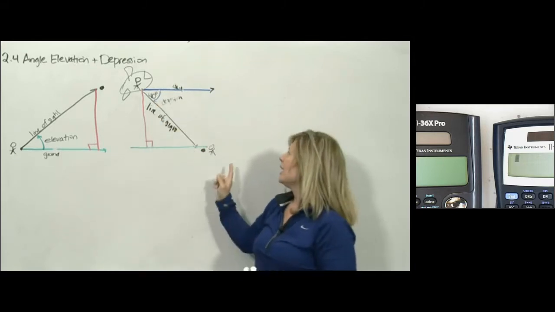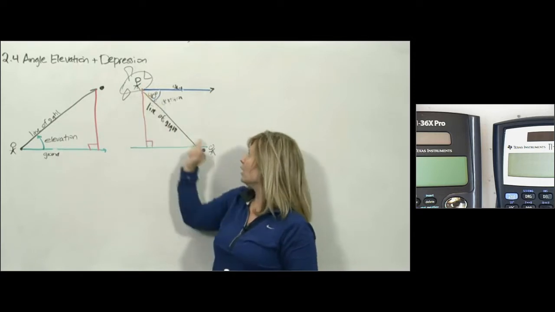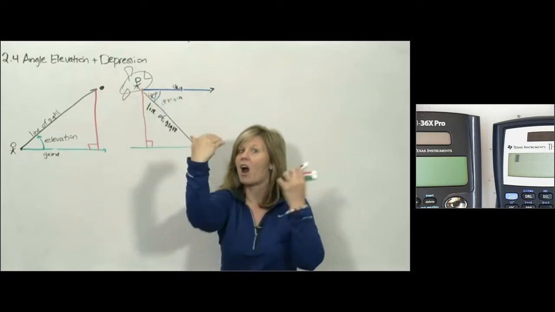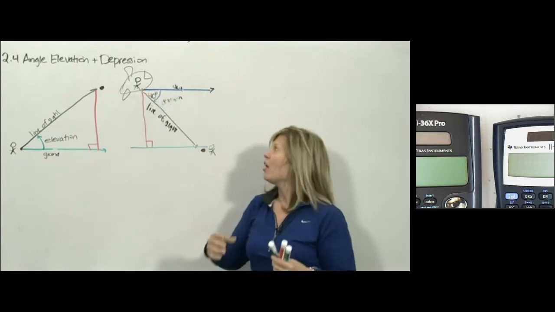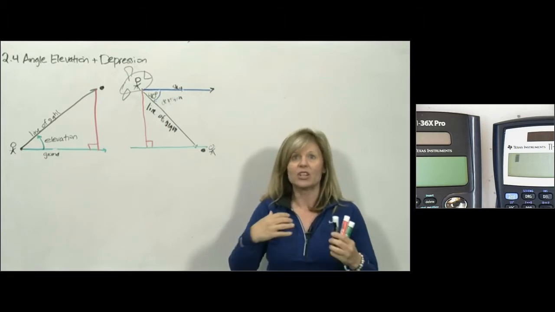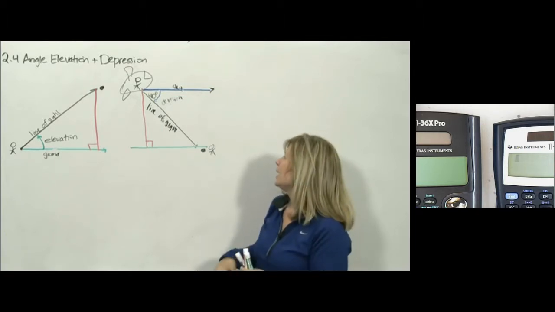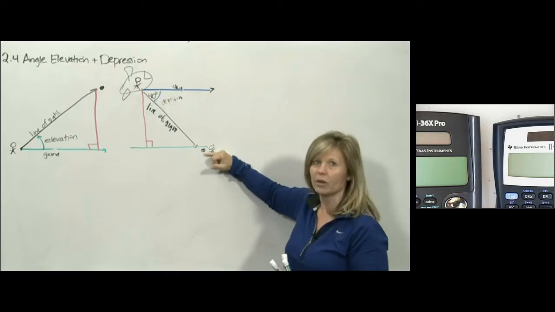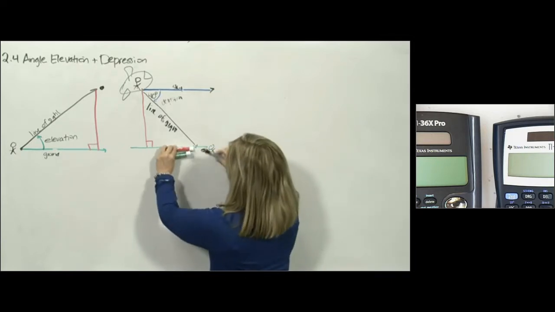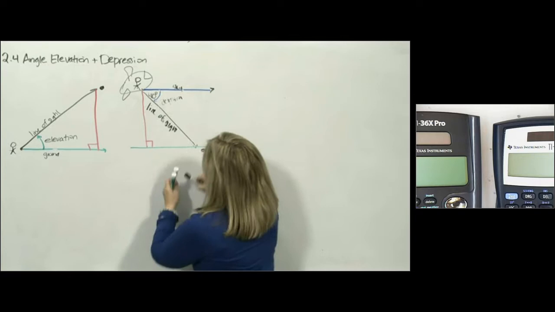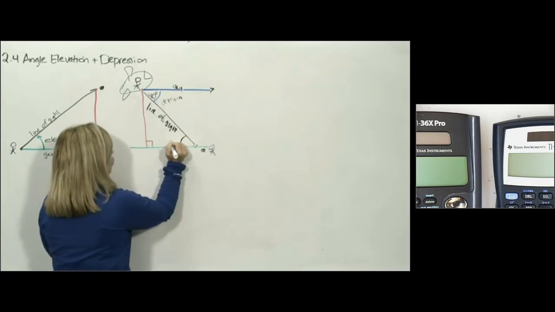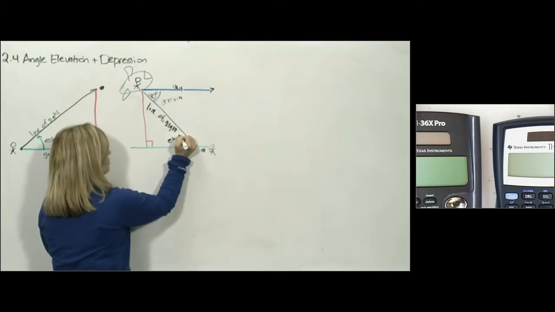Well, guys, if our eyes are to meet, when I look down at you, if you're to look up at me and our eyes are to meet, then our angles of elevation and depression should be equal. If you look here where you are on the ground, you're looking up at me. This angle here would be our angle of elevation.